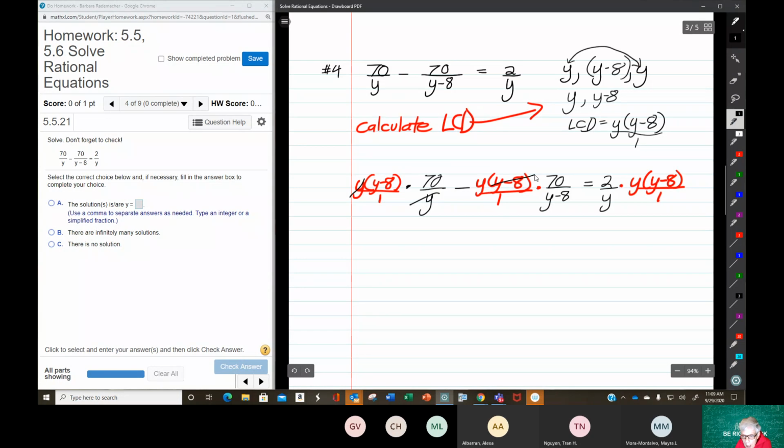And this y minus 8 and this y minus 8 are going to cancel each other. And this y and this y are going to cancel each other. Again, the main thing you do with a lowest common denominator is you cancel out denominators. When you've got an equation, you can't go around canceling stuff if you don't have an equation. I mean, not without being very careful.